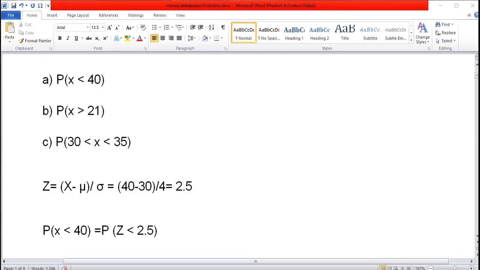There are many tables here. We will look at the Z table, the standardized normal variate. How do you read this table?